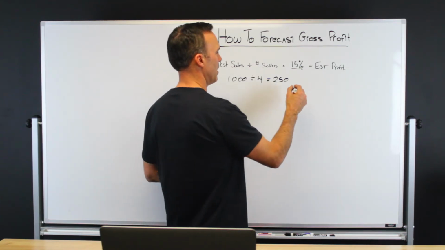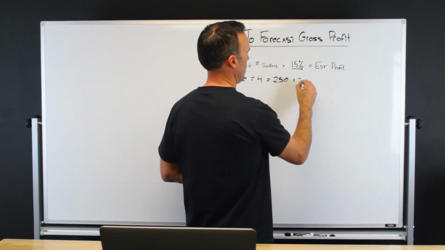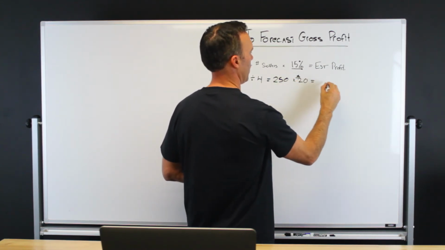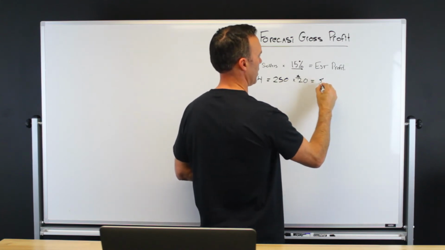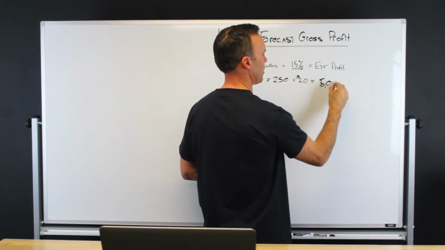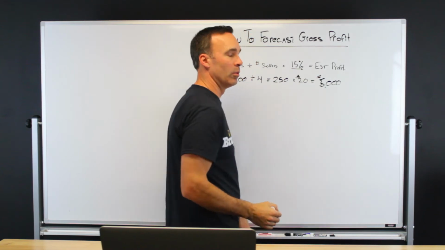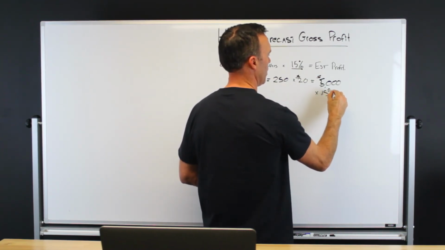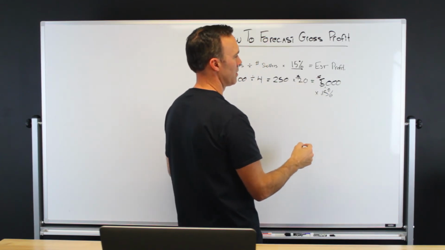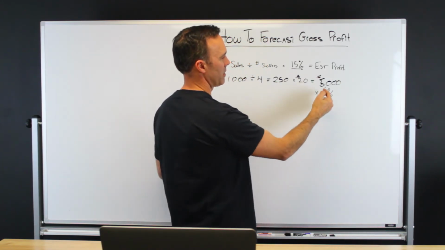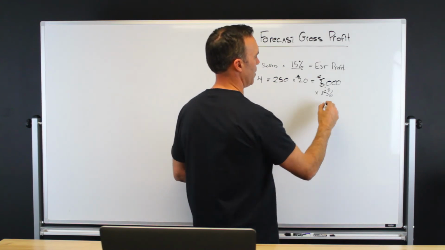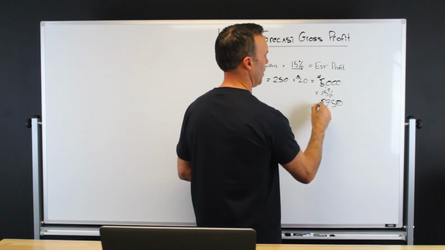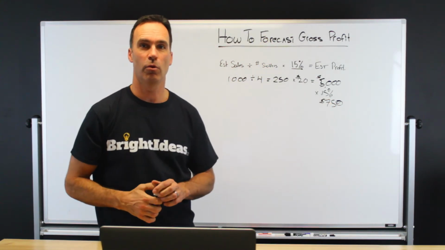So let's say it was a $20 product, so that's going to be what? 250 times 20 is about $5,000 of revenue per month, times 15%, which is going to be what? 5,000, 10% of that would be 500, so about $750, if I'm doing the math correctly in my head. So that is the formula.